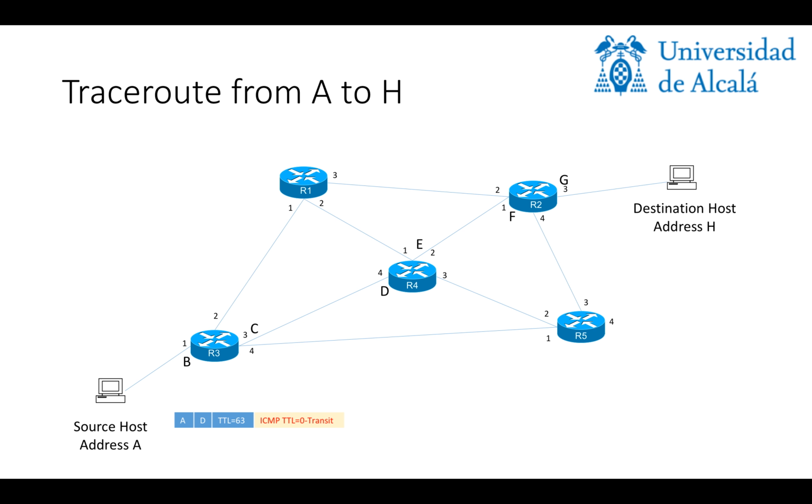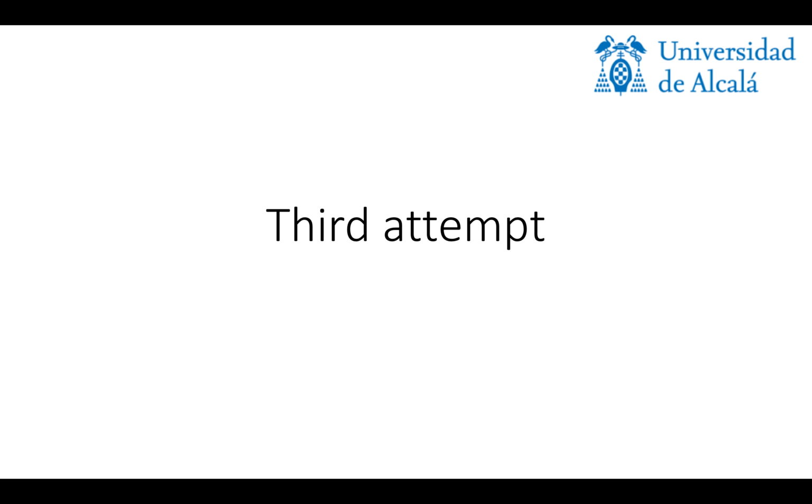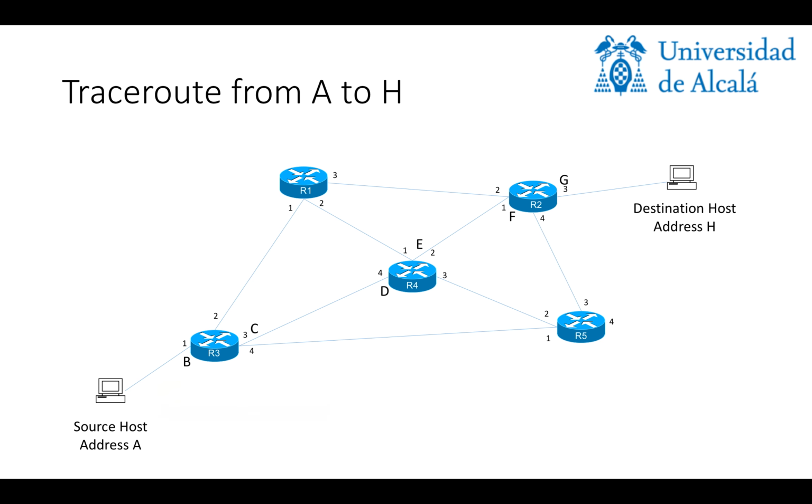So now A is going to make a third attempt, in this case with TTL equal to 3. So again, it gets to R3, which will decrement the TTL value to 2, then R4, which will decrement the TTL value to 1, and then to R2, which will decrement the TTL value to 0.